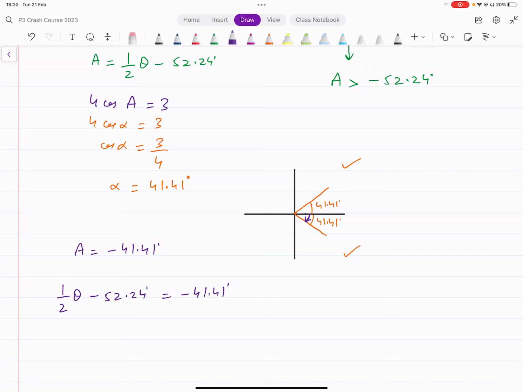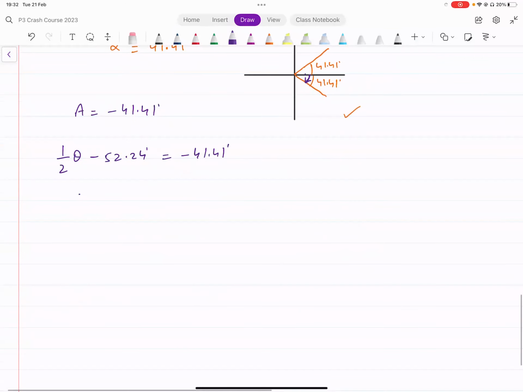And now we find the value of theta from this and see what that turns out to be. So it becomes theta equal to 52.24 minus 41.41, and goes to the other side. And this whole thing gets multiplied by 2. And that is going to give us the value of theta. Let's see what that turns out to be.